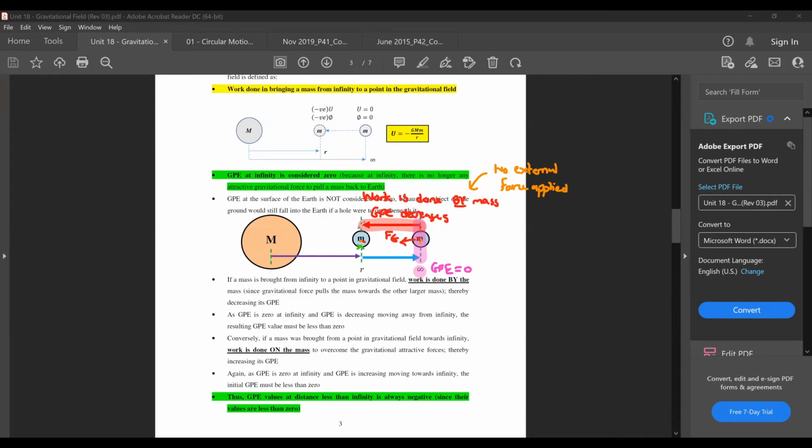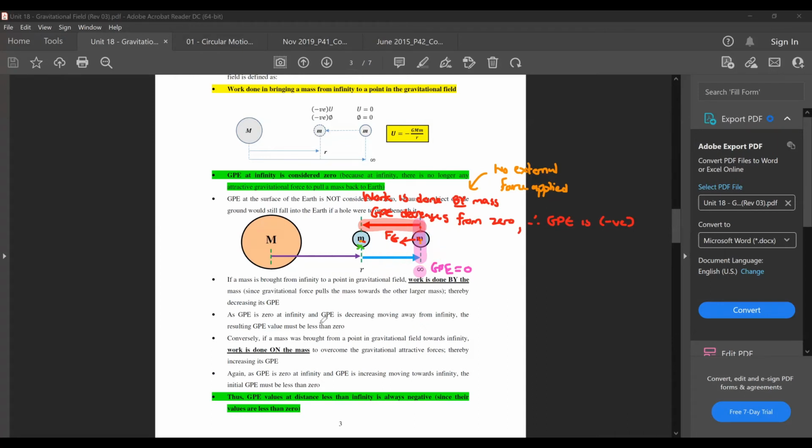Going from infinity, work is done by the mass, and GPE decreases from 0, because at infinity it is 0. So as you go towards the left, GPE is decreasing in value, so obviously GPE will be negative. That's why we can say that GPE is going to be negative.